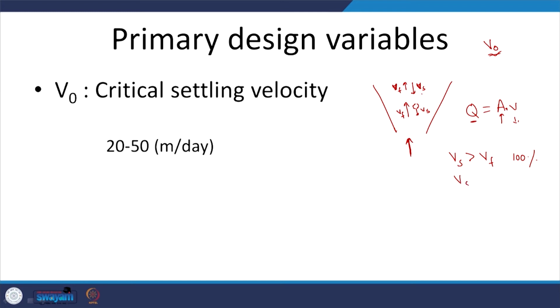If Vs is less than Vf, 0% will be removed. But what is this Vf? I am concerned not with the Vf here, but at this particular location. That's the V naught, or the surface overflow rate. From here you can calculate the surface overflow rate. This is fine with our upflow.